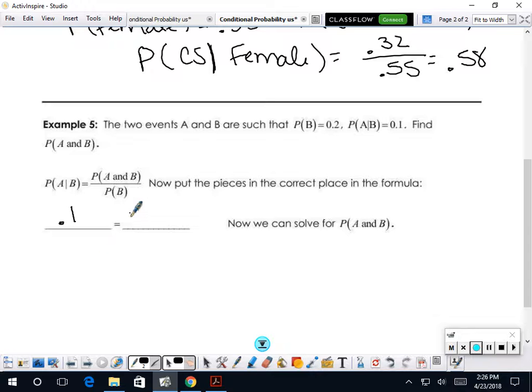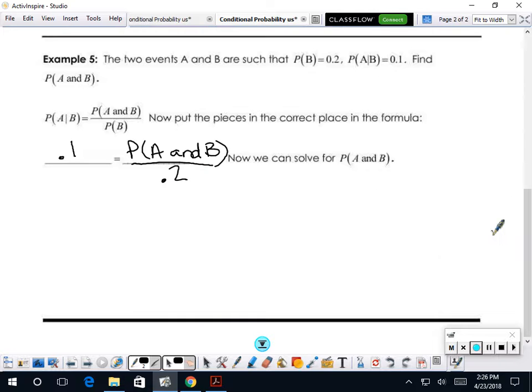On the top of my fraction, I have the probability of A and B. I don't know that, so I'm going to leave it written that way. On the bottom of my fraction, I have the probability of B, which it tells me is 0.2. So I'm going to come down my paper and I'm going to solve for the probability of A and B. Okay, so to solve here, the first thing that I need to do is multiply both sides by 0.2.